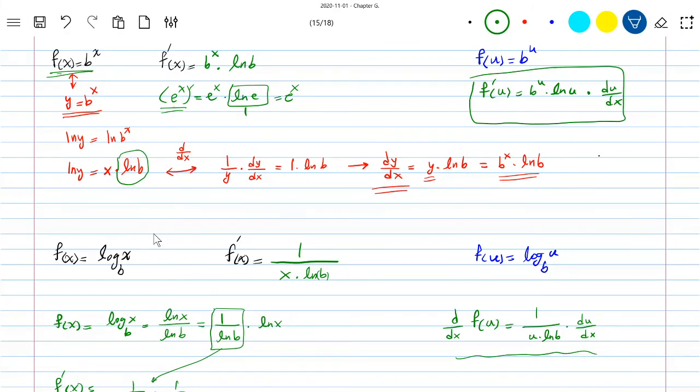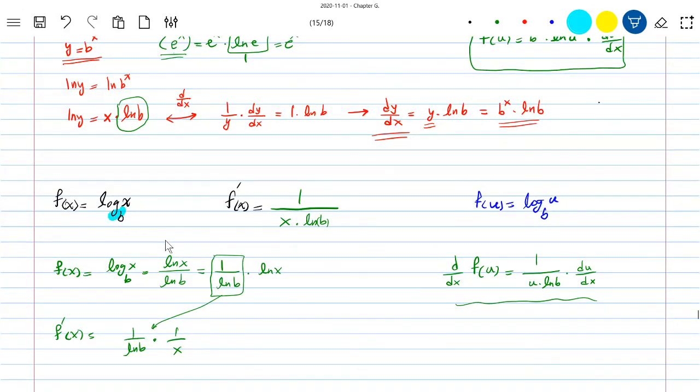See, the derivative of e to the x would have been e to the x. Now in this case, the derivative of b to the x turns out to be b to the x multiplied by an extra term, ln b. And the derivative of log x base b, if it was ln x, the derivative would have been 1 over x.